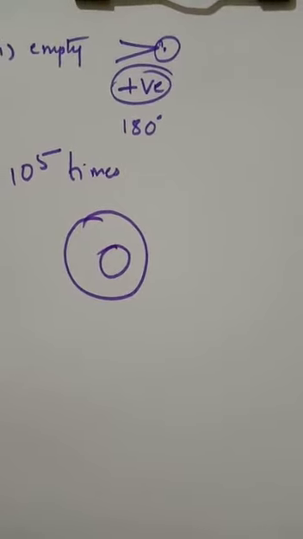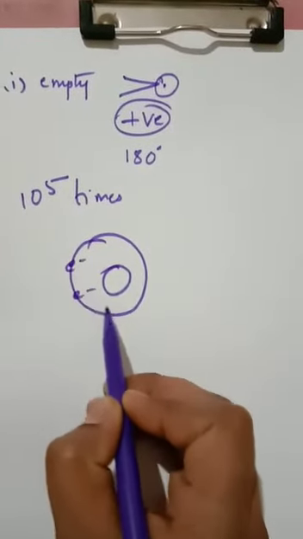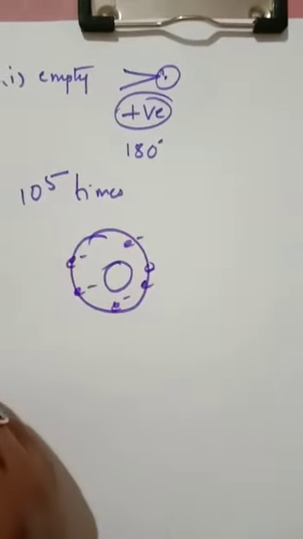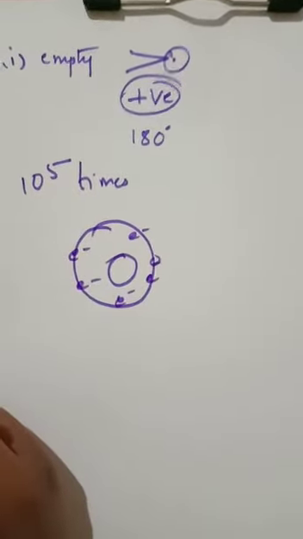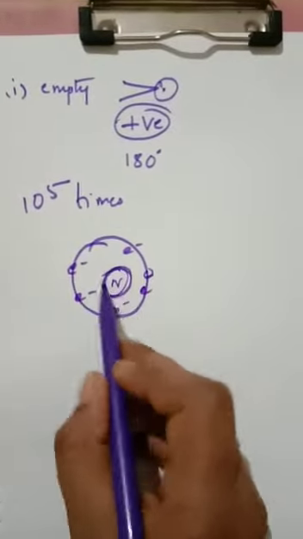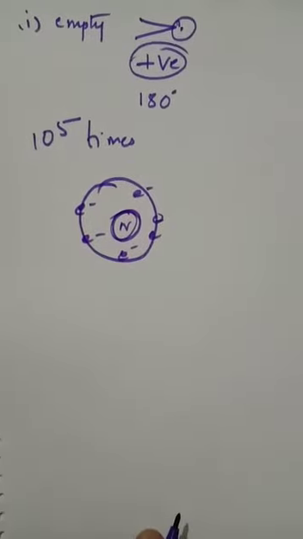The electrons revolve around the nucleus in a circular path. The size of the nucleus is very small compared to the size of the atom.